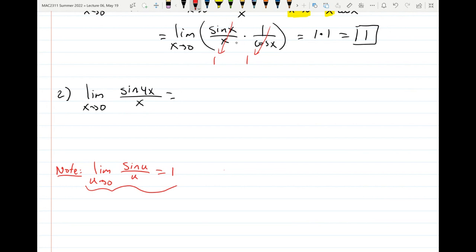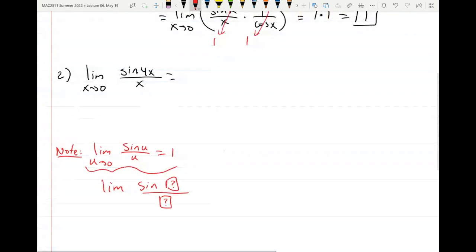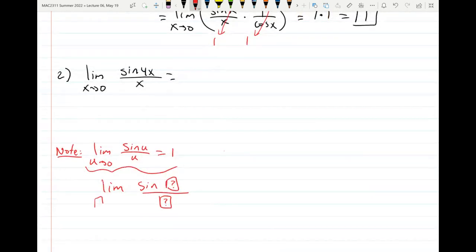What this is telling me is the following. Every time that you have the limit of the sine of something over that same something, they have to be the same, okay? If that something approaches 0, then this limit will be equal to 1. In this case, that something is our u, okay?